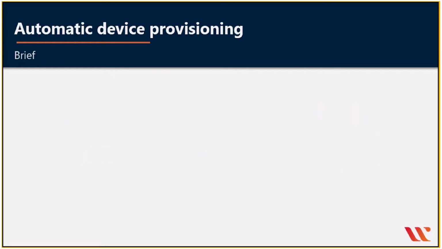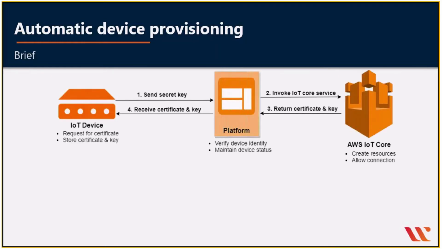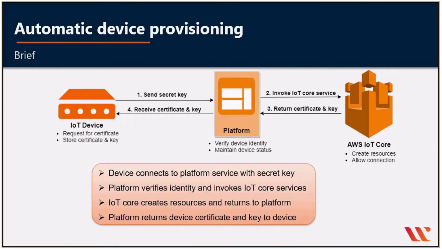So let's see what is automatic device provisioning. Automatic device provisioning refers to the process of provisioning the device in which the device receives its certificate and keys from a platform service which acts as a medium between the device and the IoT Core. The device makes a request for provisioning.